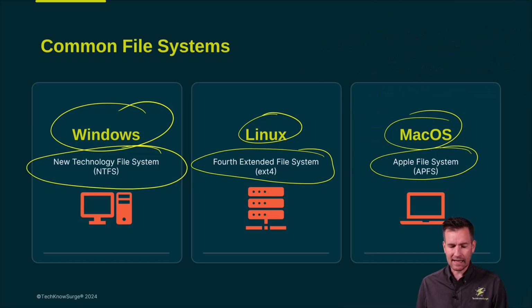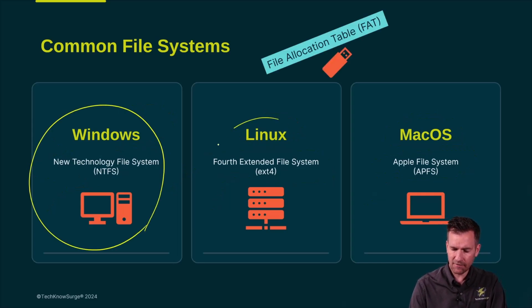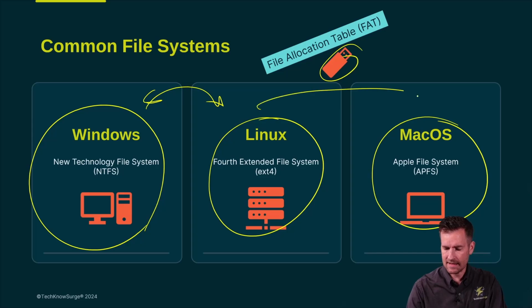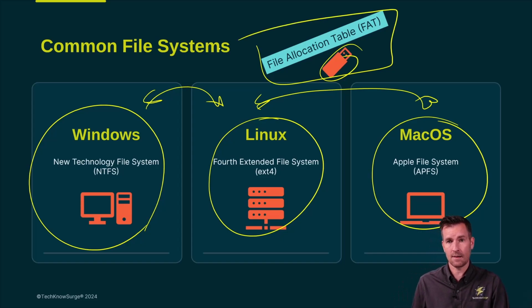Since each one of those systems has a different preference, if you have some media that needs to be switched between these different operating systems, then that's when you go to something like File Allocation Table, or FAT.